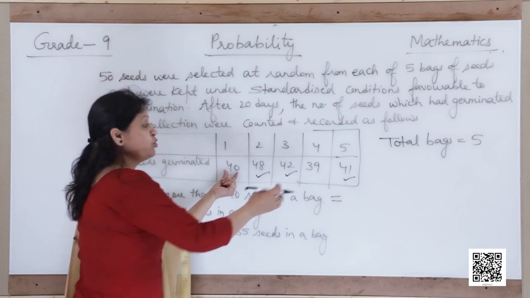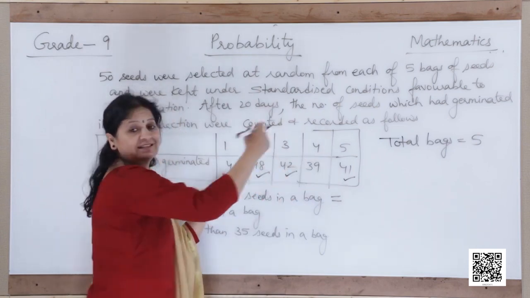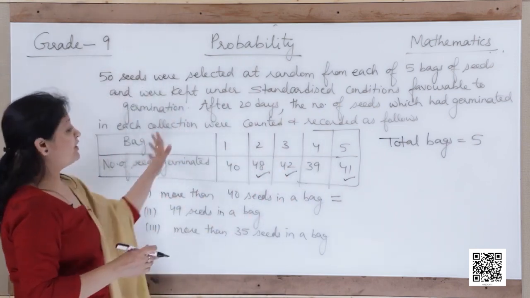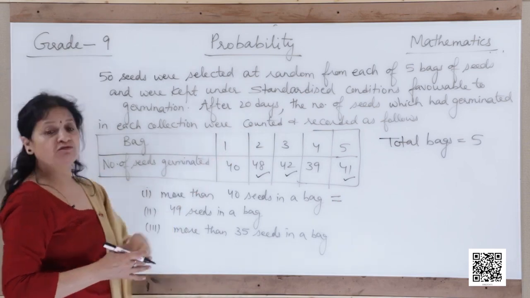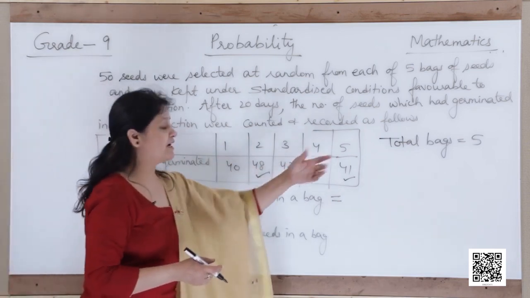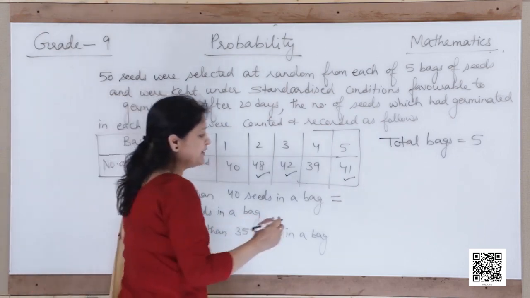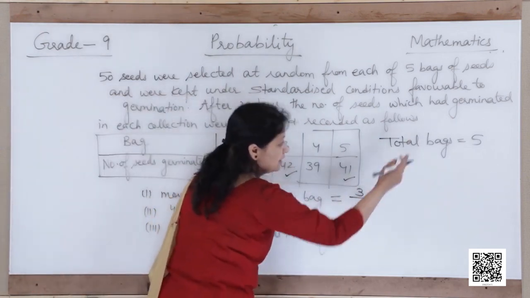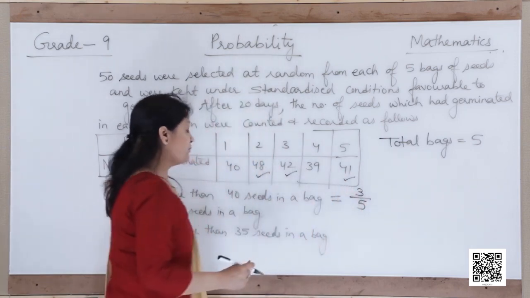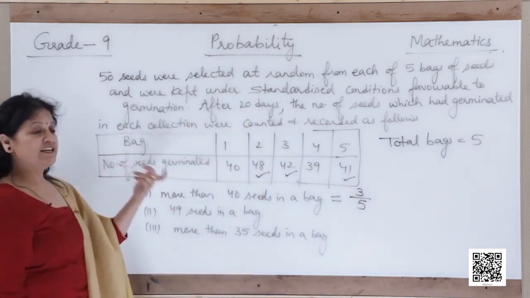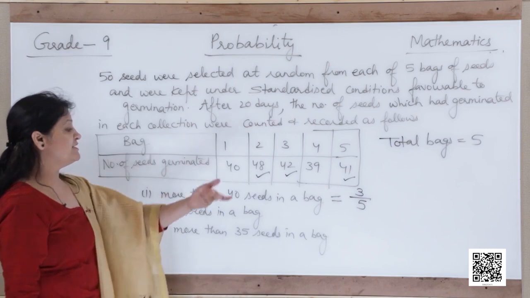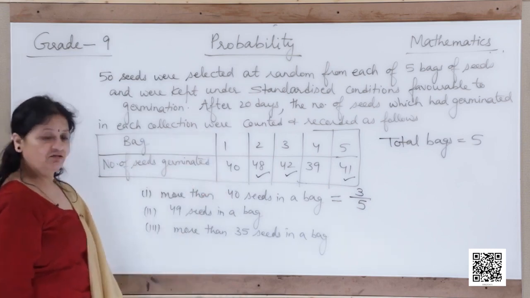These are 40 seeds only, and these are 39 only, which is less than 40. So we have 3 bags containing more than 40 seeds. So the answer for the first part will be 3 by total, and total bags are 5. So the probability of seeds germinated more than 40 seeds in a bag is 3 by 5.